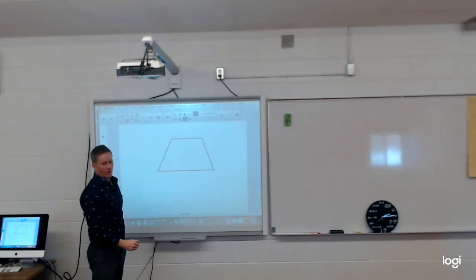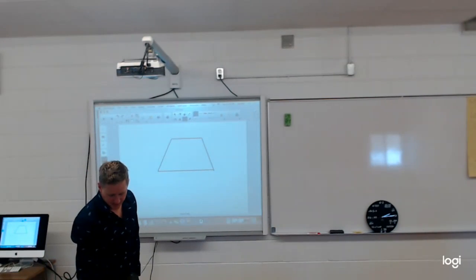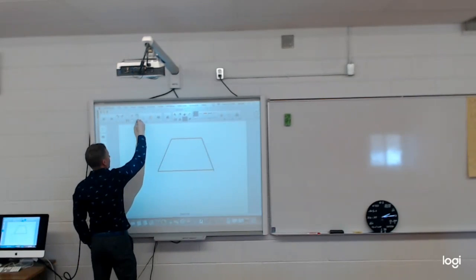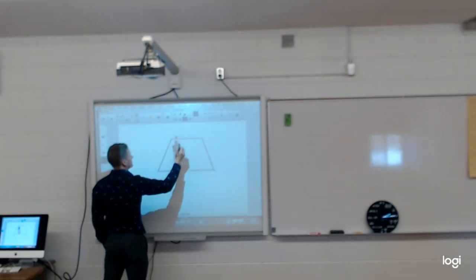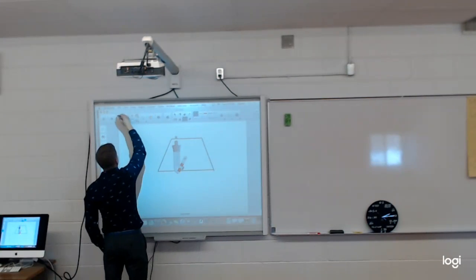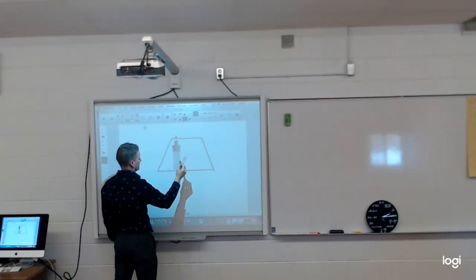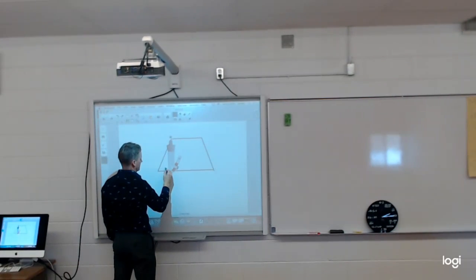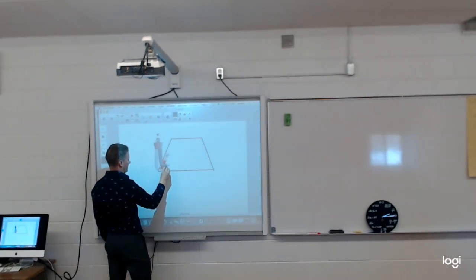Okay, so it wants me to replicate this angle. The first thing it says I have to do is take the compass and draw an arc. So I take it, open it up.